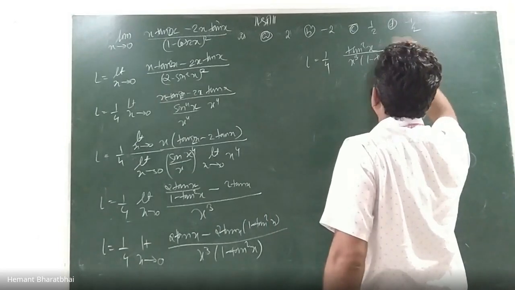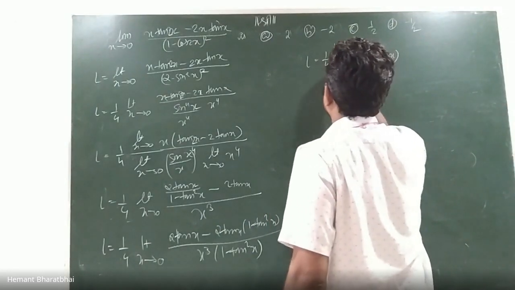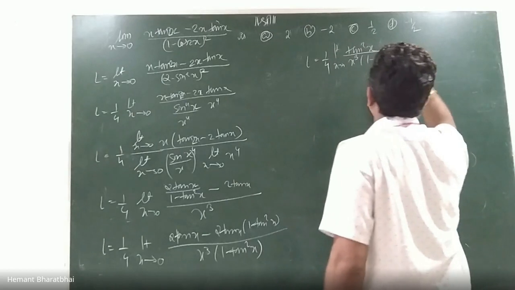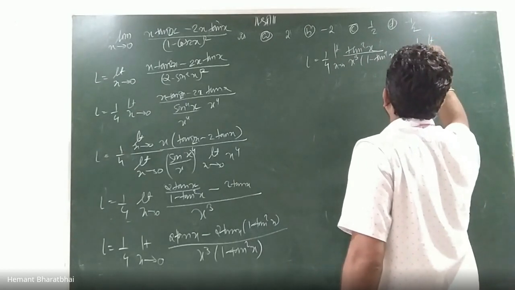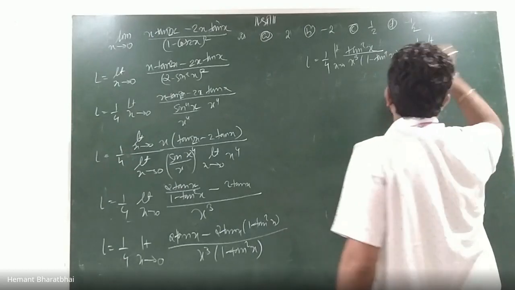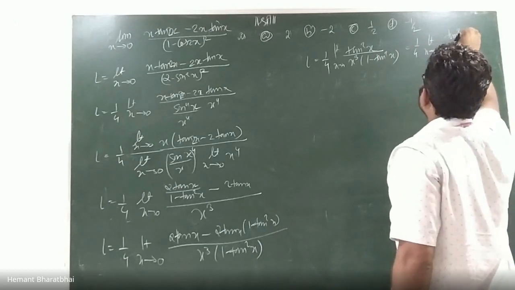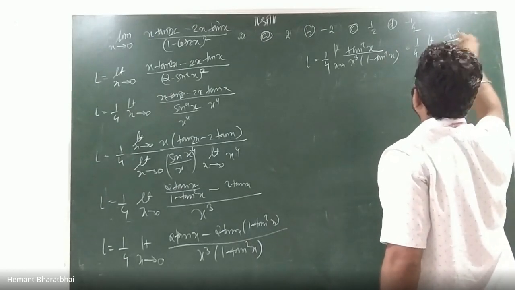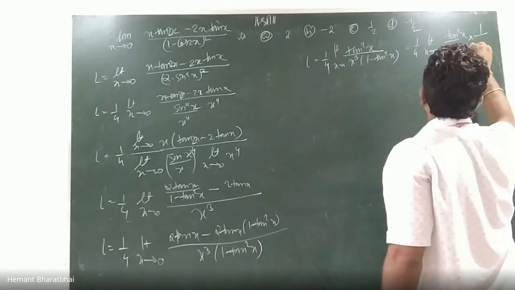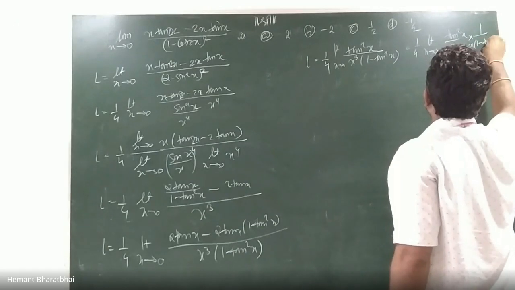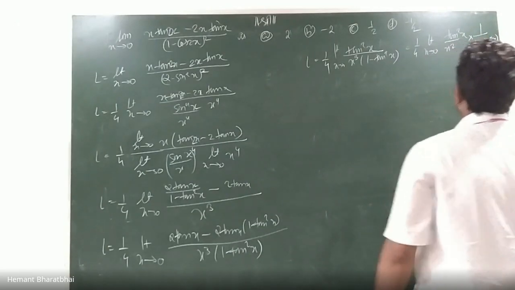So this limit of x tends to 0. This further can be written as 1 by 4 limit of x tends to 0 tan square x upon x square into 1 upon x into 1 minus tan square x.